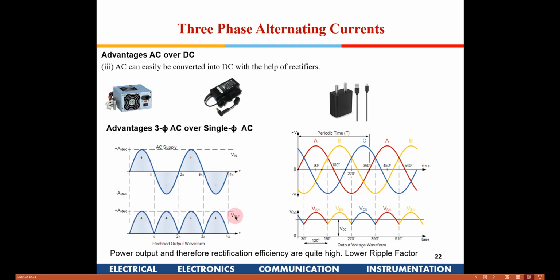So there are a lot of ripples, so you have to put some capacitors and try to filter it out. Whereas this is a 3-phase system, if you try to rectify this, you can just clip, or you can take the peak from all these waveforms. So if you see here, it gives a much better DC. Okay, so a larger value of DC and with lesser ripples. So by using a 3-phase circuit for rectification, this is better.